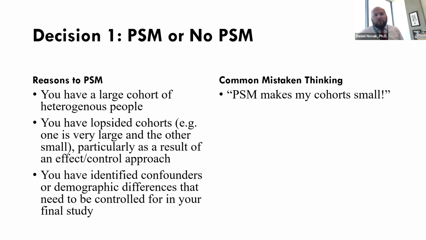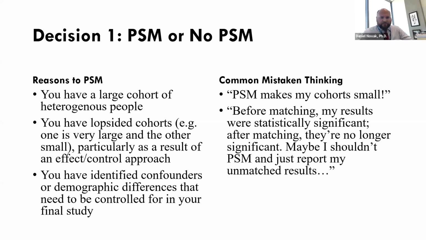Propensity score matching makes your cohorts, if you do it correctly and with the best possible knowledge that you have, given that the researcher's knowledge itself is a potential confounder for selecting those propensity score matching characteristics, having a smaller propensity score matched cohort should provide you with a more accurate version than having a large group of random people in there. So making your cohorts smaller is not a bad thing. It's not the size of the cohort, it's who's in it, and making sure that they're the right people to answer the question that you're asking.